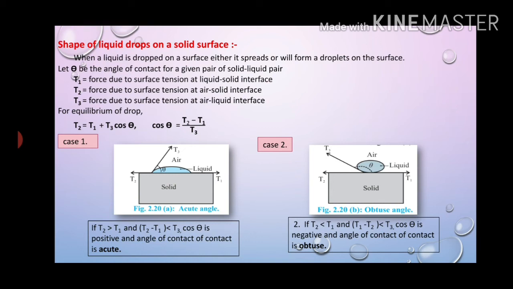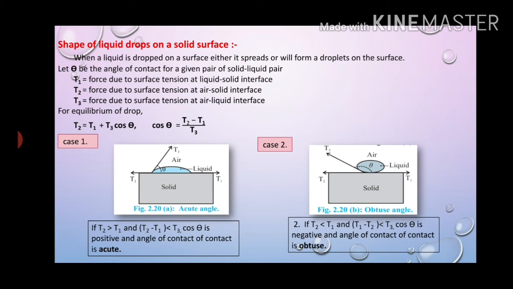Let us see the first case, the acute angle. If T2 is greater than T1 and T2 minus T1 is smaller than T3, then cos theta is positive and the angle of contact is acute.